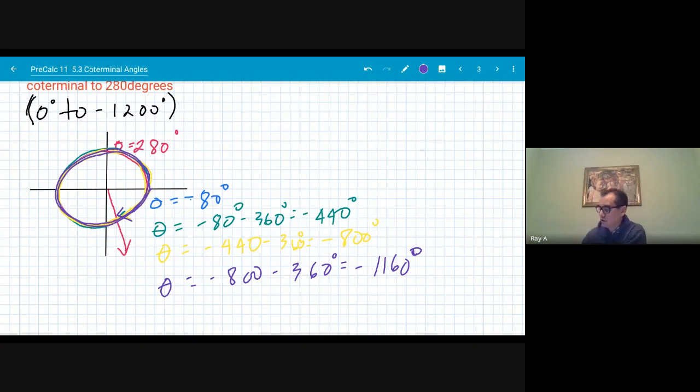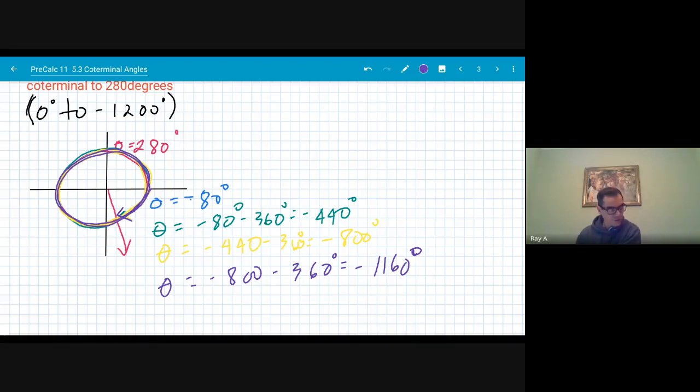Now, should we go another turn? No, I don't think we need to, because if we do that, we will just go beyond negative 1200. The reason why I showed you the movement of the angles as I went around in a circle is that it asks us to sketch the angles anyway. So I just did it right away instead of getting the angle first and then sketching it. It's pretty much the same thing.